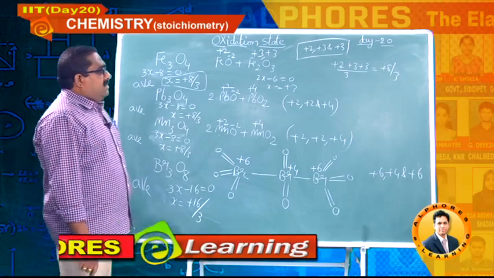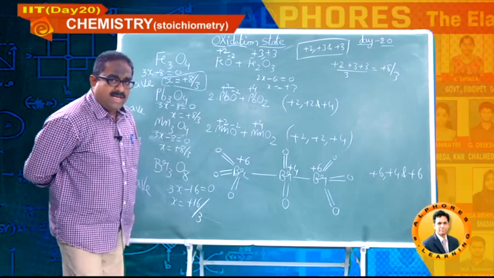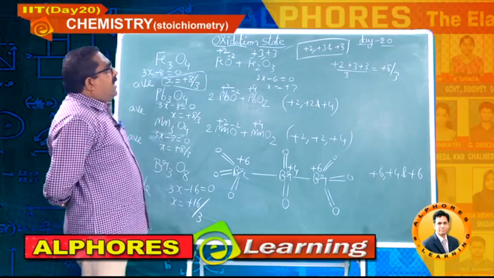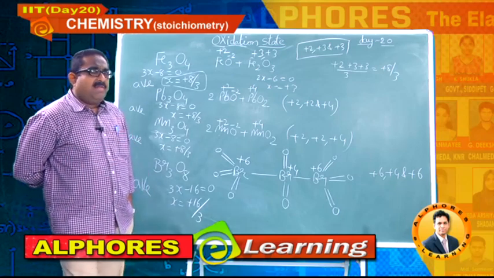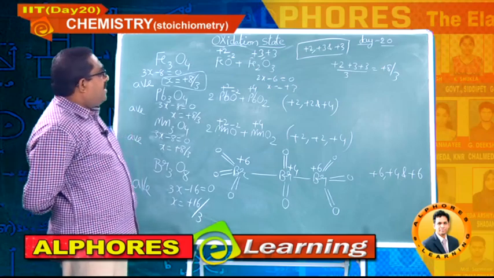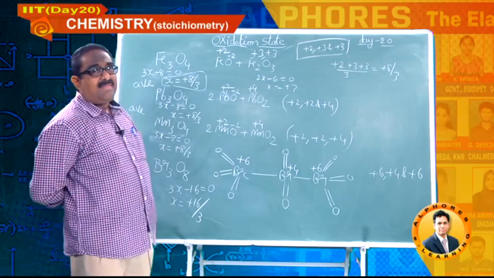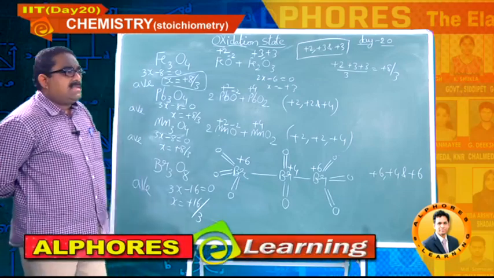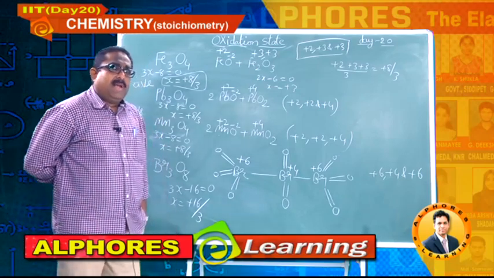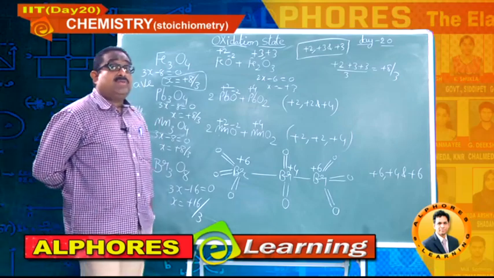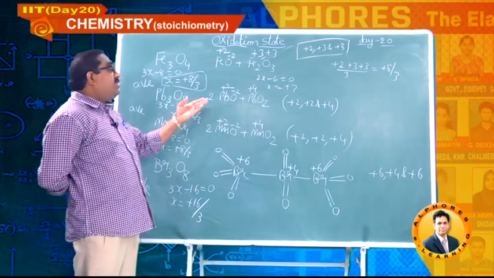Here, at this moment, I want to discuss one more important aspect regarding oxidation state. Up to now we have discussed ample examples for the calculation of oxidation states of different atoms present in different compounds. Sometimes we get oxidation state as plus with an integer, sometimes negative with an integer, sometimes 0, and sometimes fractions also.